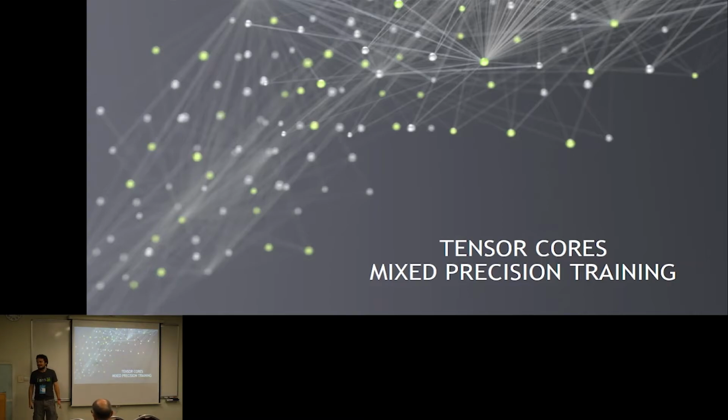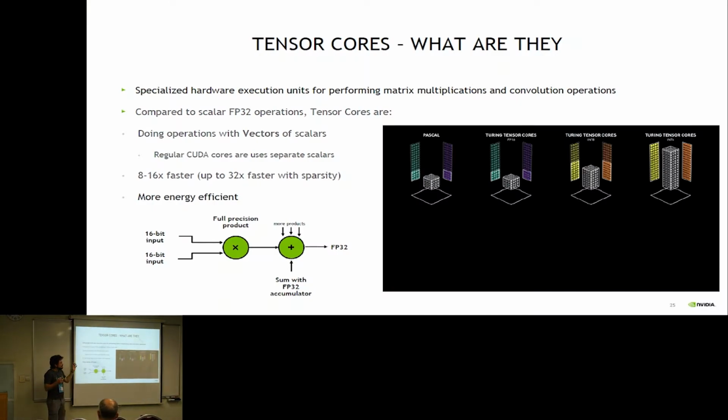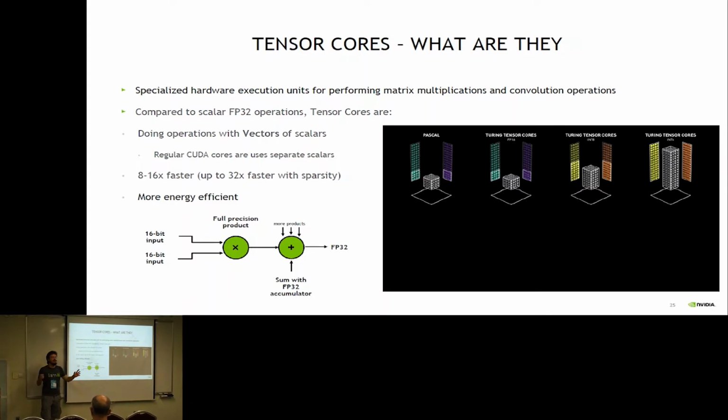Top two thing to improve your training happiness, and actually inference happiness, is tensor cores. How many of you do know what a tensor core is? Okay, that's quite a number. What is important to know about tensor cores is that these are hardware accelerators for matrix multiplication.